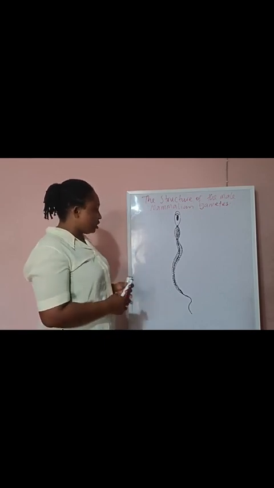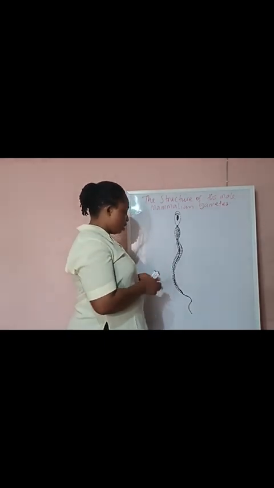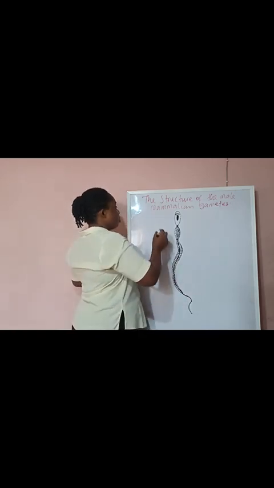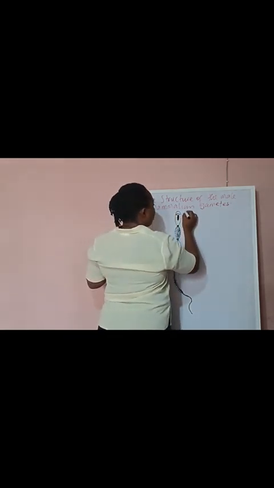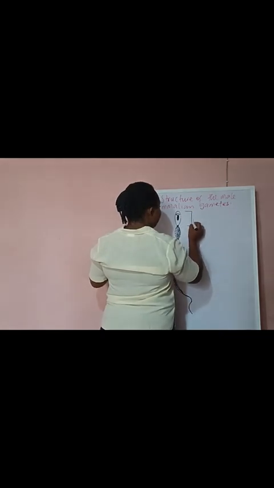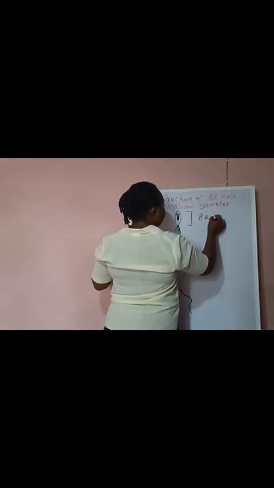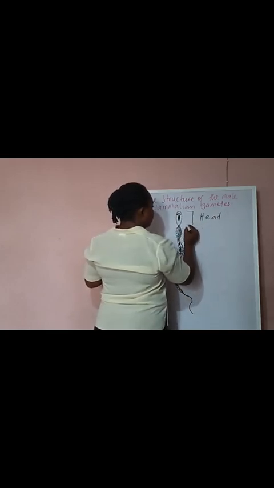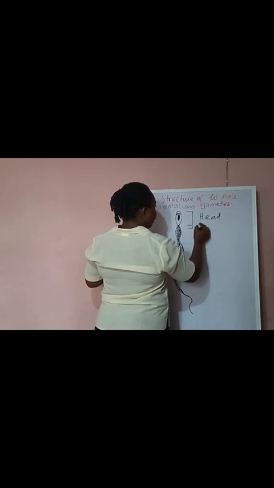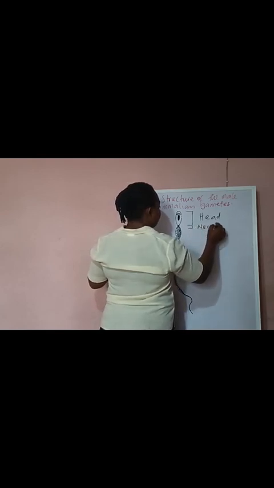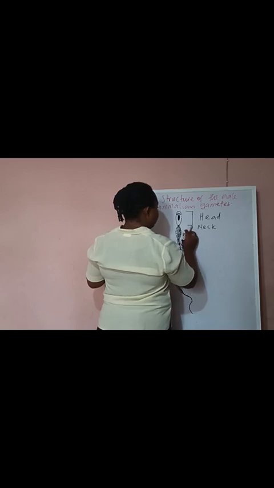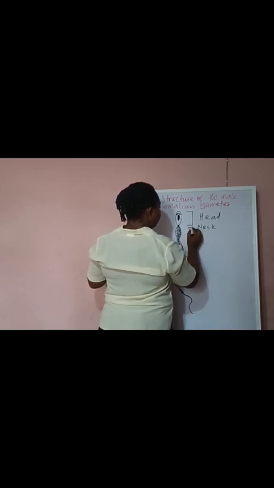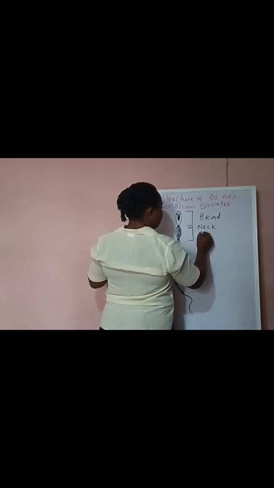You can see that this is the structure of the spermatozoa, and it's divided into different parts. We have this segment here, which is the head. The next one is the neck. Then this is the middle piece.